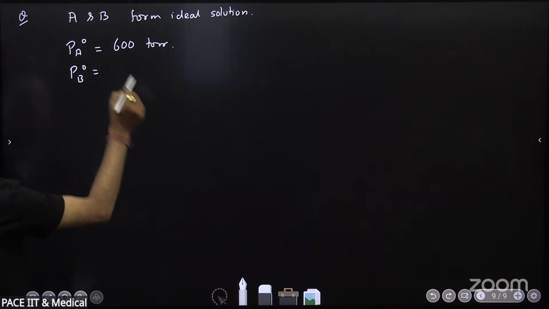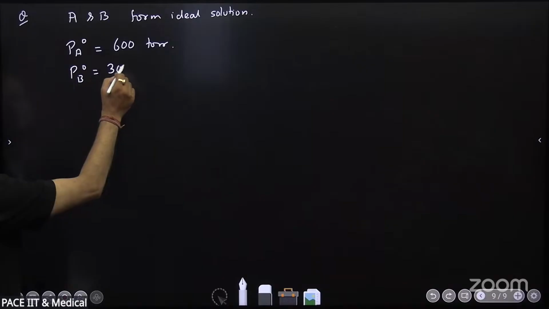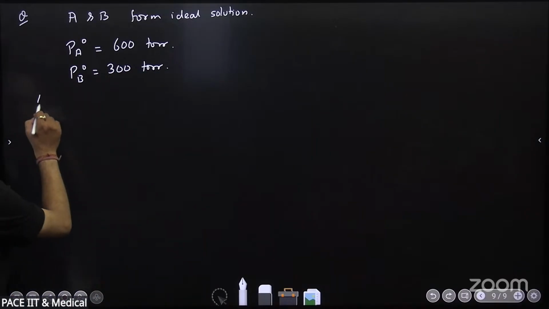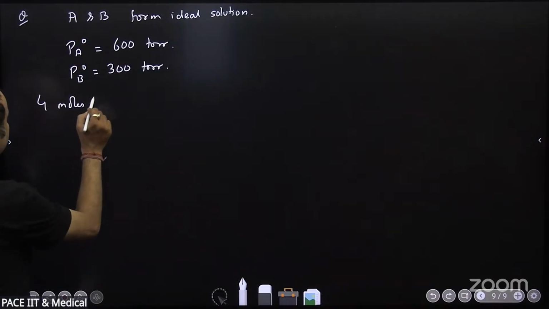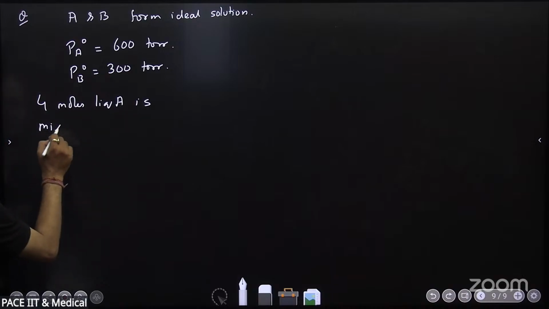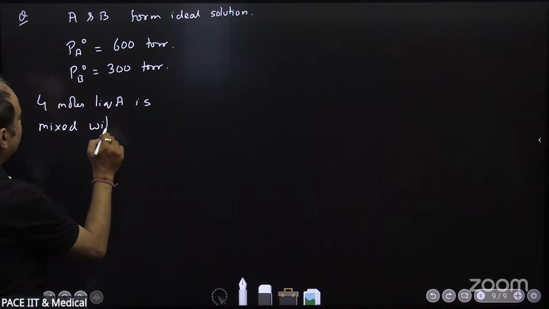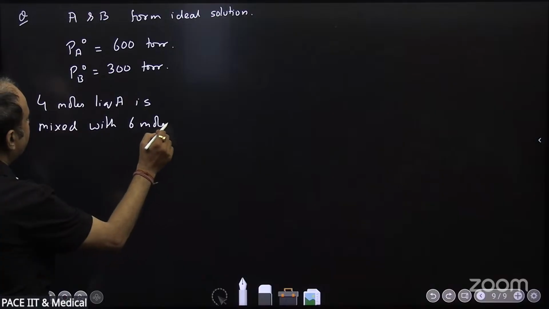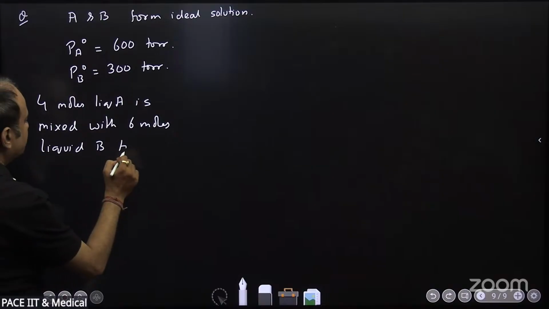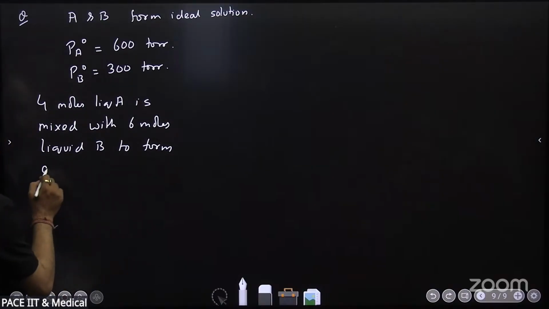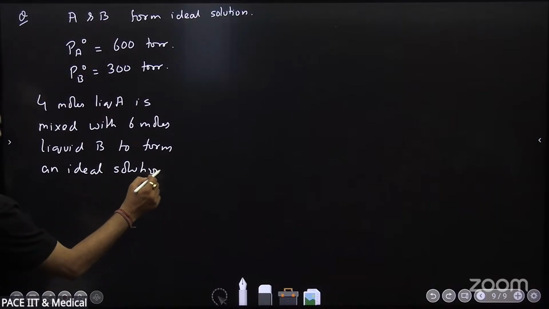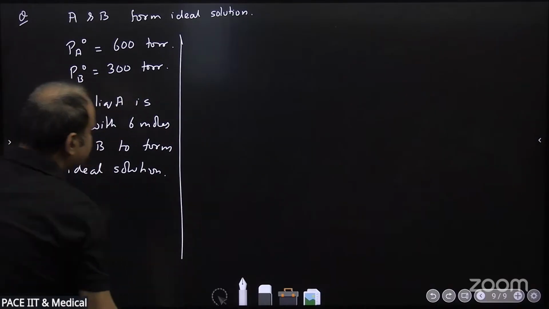PB naught is, let's say, 300 torr. Four moles of liquid A is mixed with 6 moles of liquid B to form an ideal solution. So this much data is given to us.